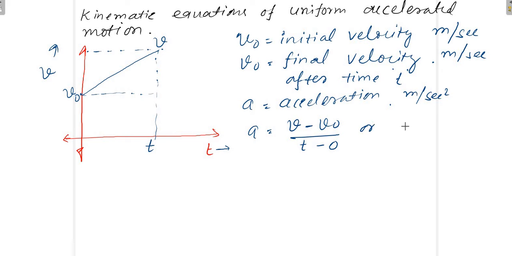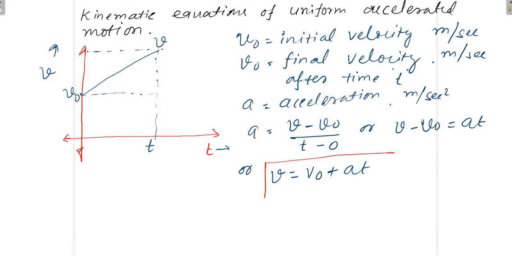Or can I not say that v minus v0 is equal to at? Or I can say that the final velocity v is equal to v0 plus at. So this is equation number 1 which we are going to use for motion.